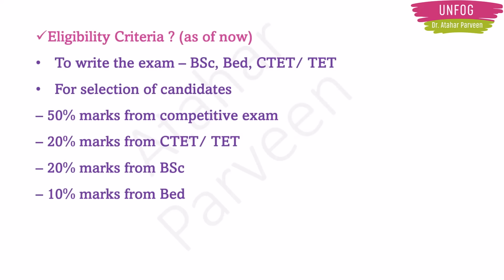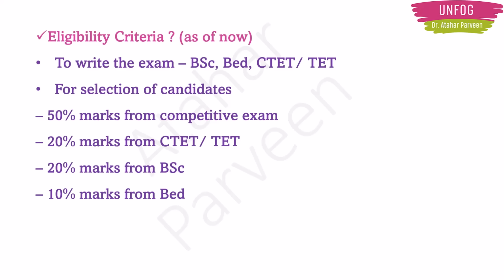Now, what is the eligibility criteria for this examination? First I will tell you who is eligible to write the exam. If you have done BSc, B.Ed and if you have cleared CTET or Karnataka TET, then you are eligible to write this exam. Then after the exam, how are the candidates selected?